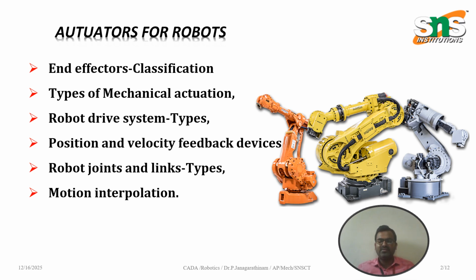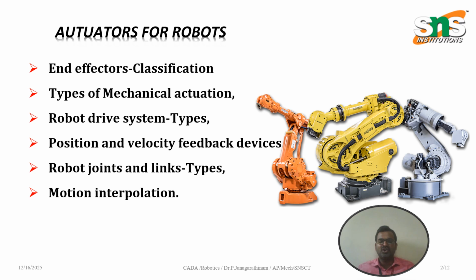There are different types of end effectors used to hold the workpiece, the types of mechanical actuation system and robot drive system, some of the driving devices used to actuate the robotic system, and position, velocity and feedback devices. Some of the feedback devices can be used to monitor the robotic path as well as control the actuation system, and robotic joints and links.